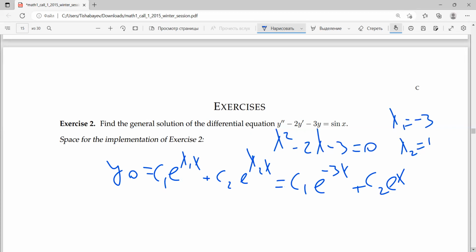Now this is y0, but we now need to find y particular. You need to find what we have in our lectures, how to find this y particular. There were special cases, depending on these parameters omega, sigma.